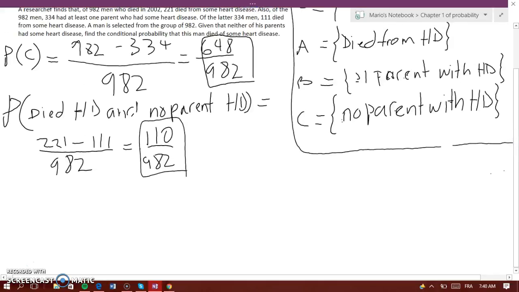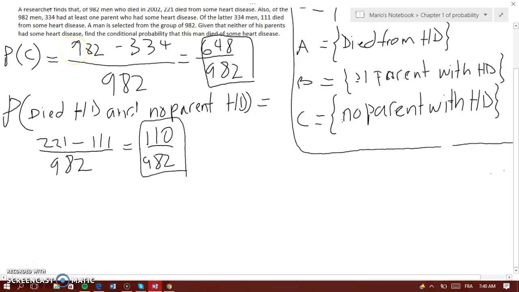the conditional probability that a man died of heart disease given that neither his parents had heart disease.